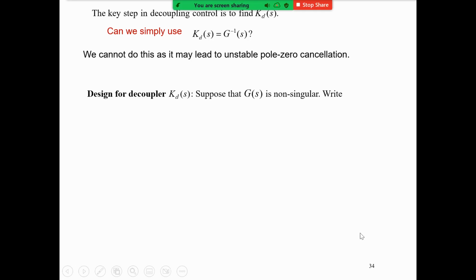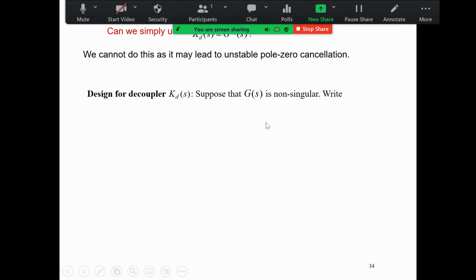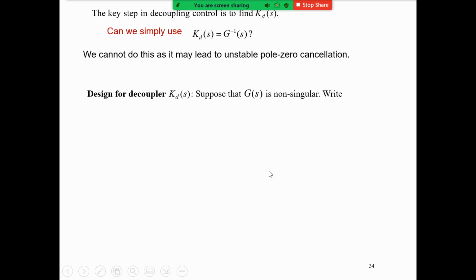Therefore, we introduce two ways that are simpler. Sometimes, when G is simple and has no unstable poles, the inverse will work. But if it is unstable and the transfer function matrix is not very simple, even if you do this, your final answer may be more complicated than the other two designs.